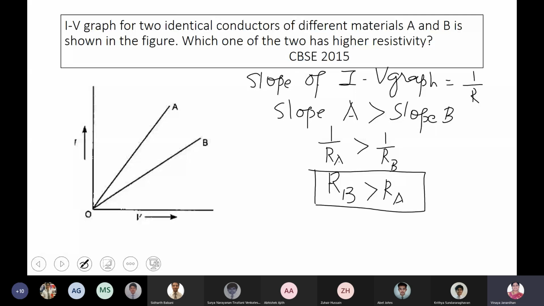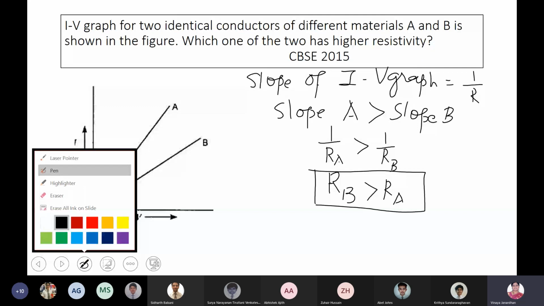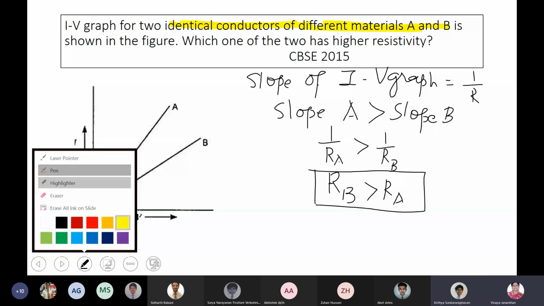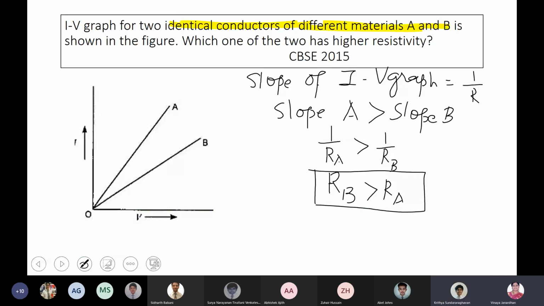Now we have to check which of the two conductors has a higher resistivity. Identical conductors, but of different material. Can resistance take only positive values? Yes. Now look at this. Identical conductors of different material. Identical conductors means length and thickness will be the same. Different materials means resistivity will be different.